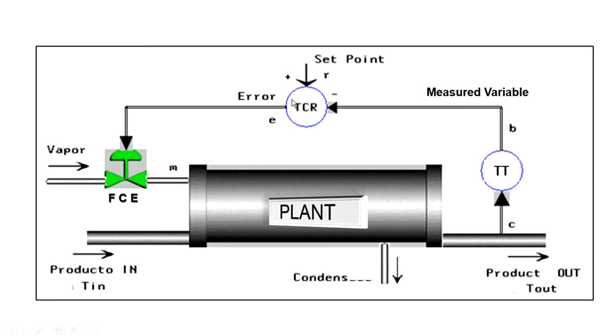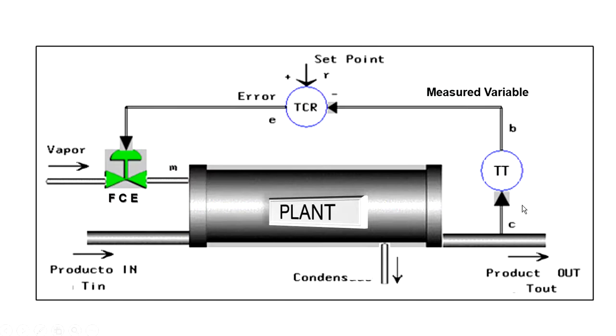That means that the controller has to act upon the valve and, for example, open it a little bit in order that more vapor can enter the system and more energy is exchanged between the incoming oil and the vapor, and as a result the temperature of the product at the output is going to be increased.